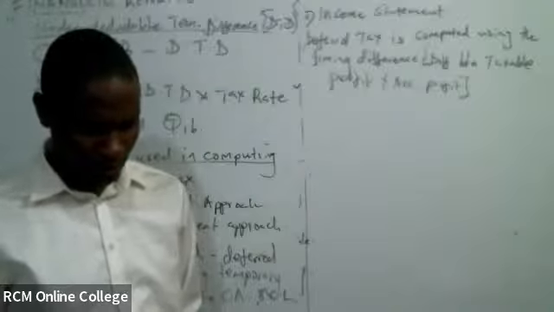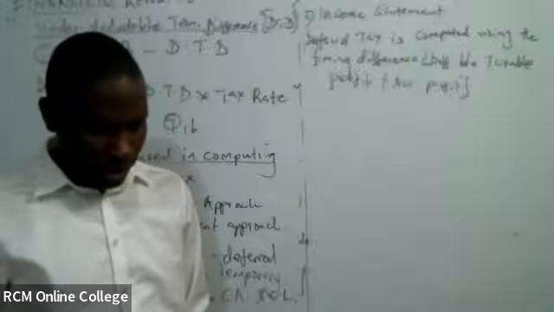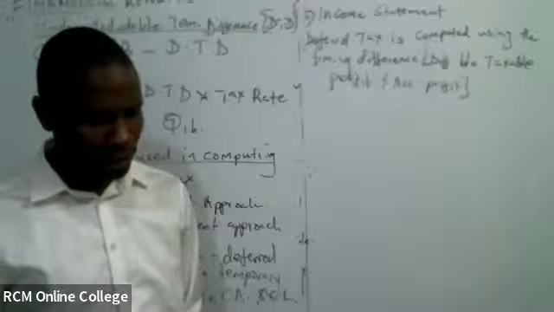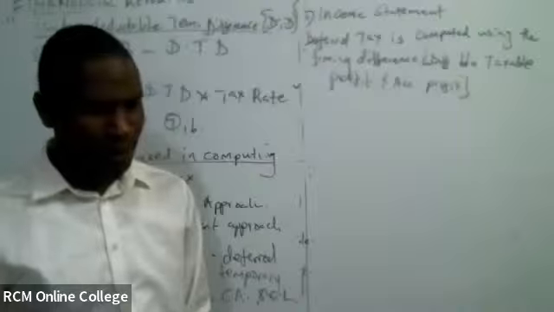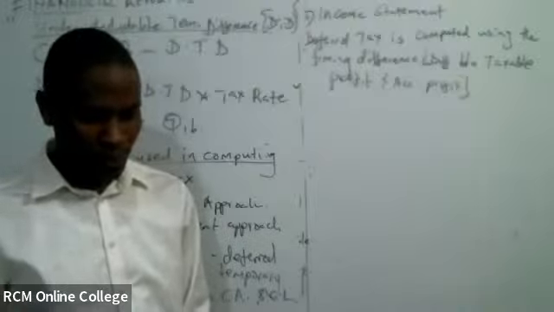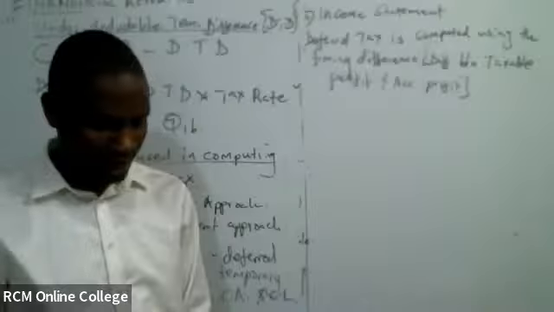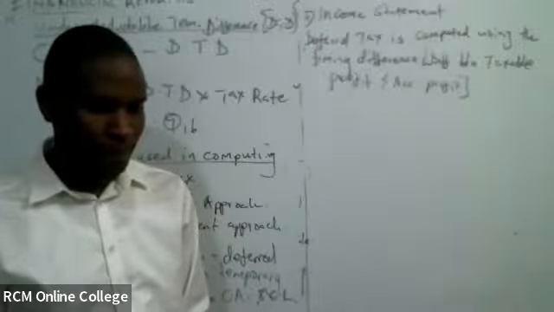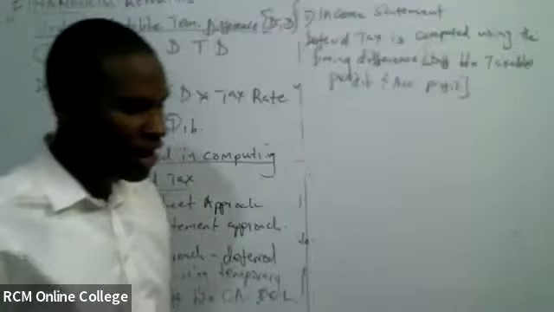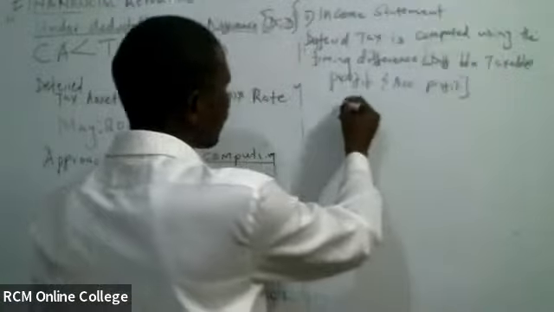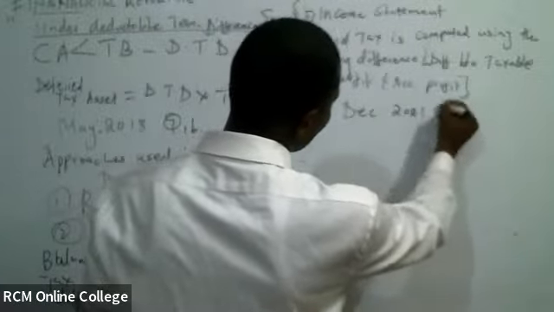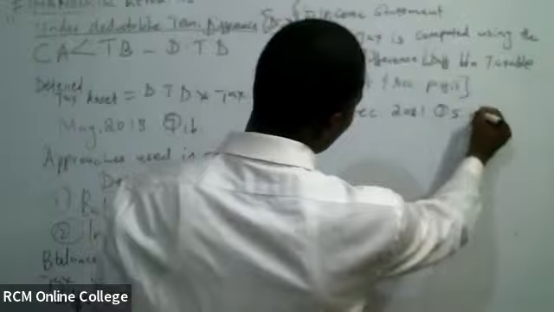So there was a question that I want us to look at. This question we had gone through, so I want us to extract a little from it. Let's look at December 2021, question 5, Roman 4, the published financial statements.